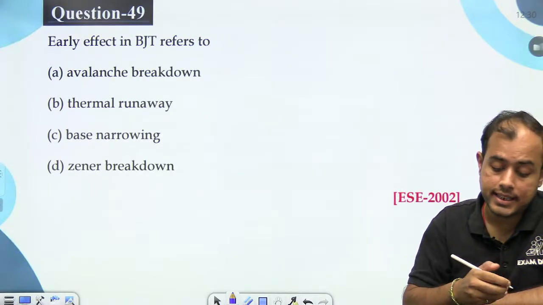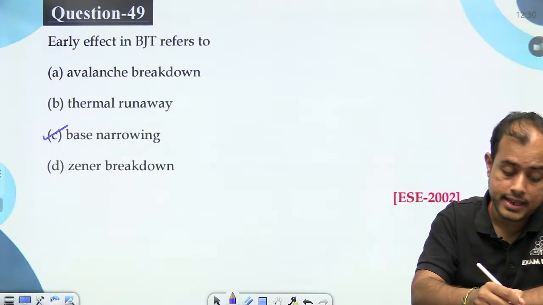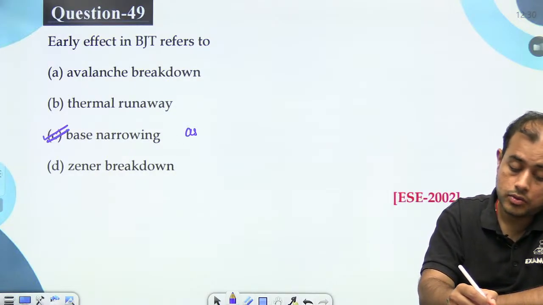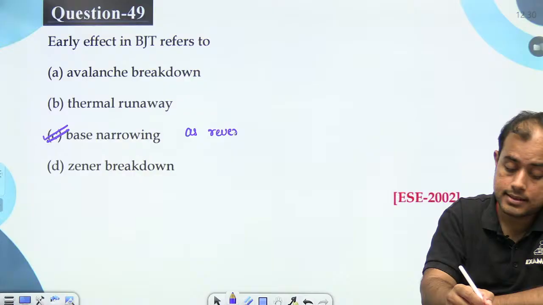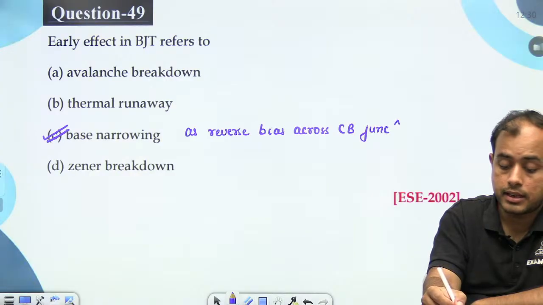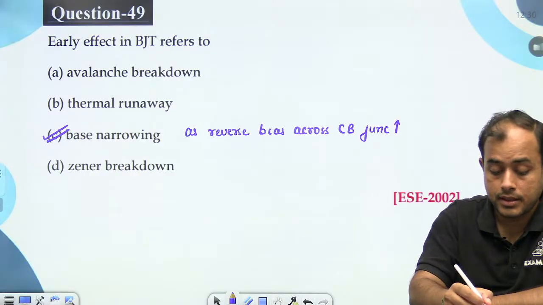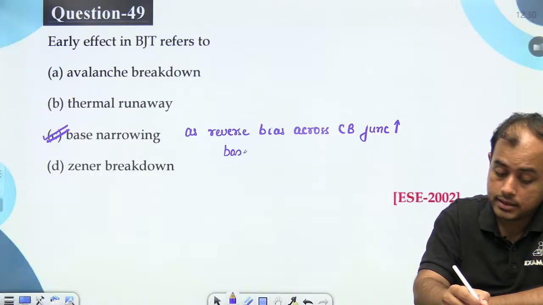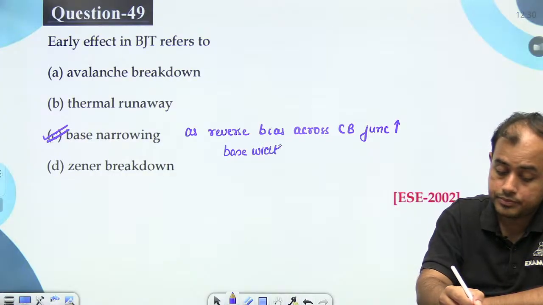Early effect in a BJT refers to base narrowing. So what happens as the reverse bias across the collector base junction increases? The base width decreases due to depletion.